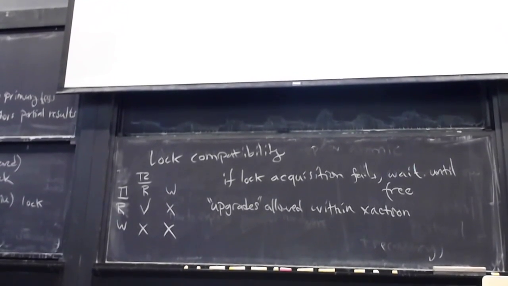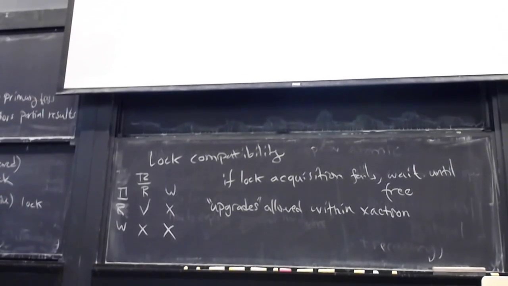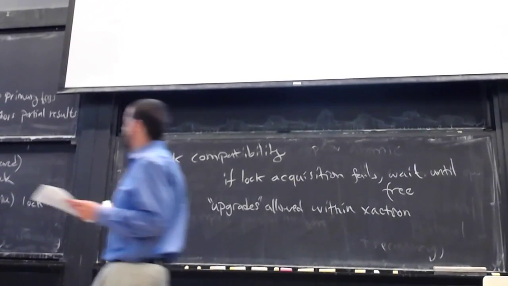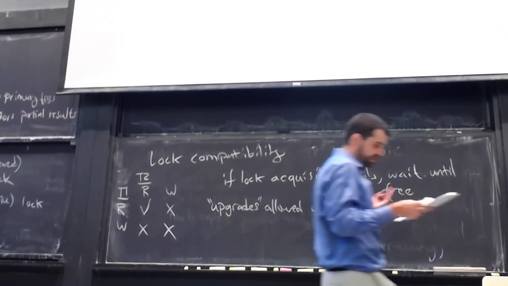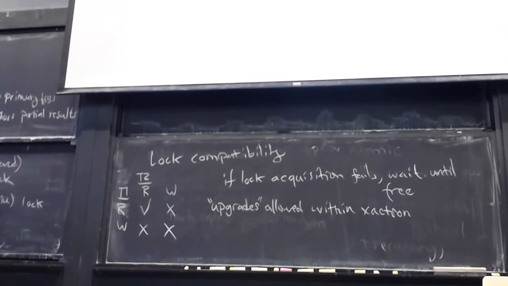We have to hold on to the locks until something. So how long do we have to hold on to the locks? We have to hold on to the locks until we have finished acquiring all the locks that we're going to need. I can't release my first lock until I've acquired all the locks that I need to complete my transaction.